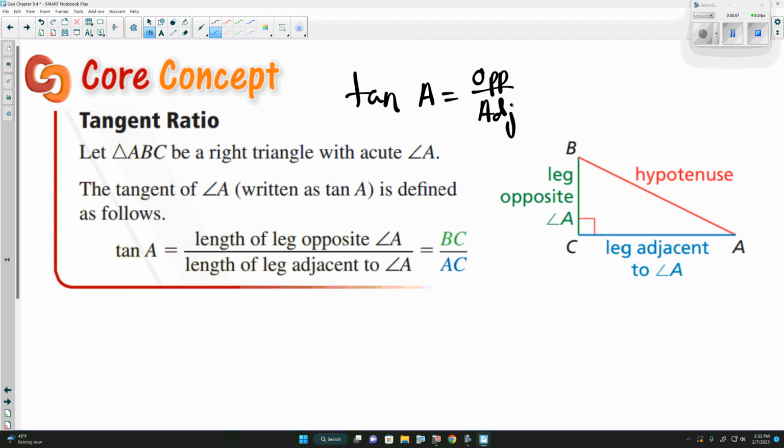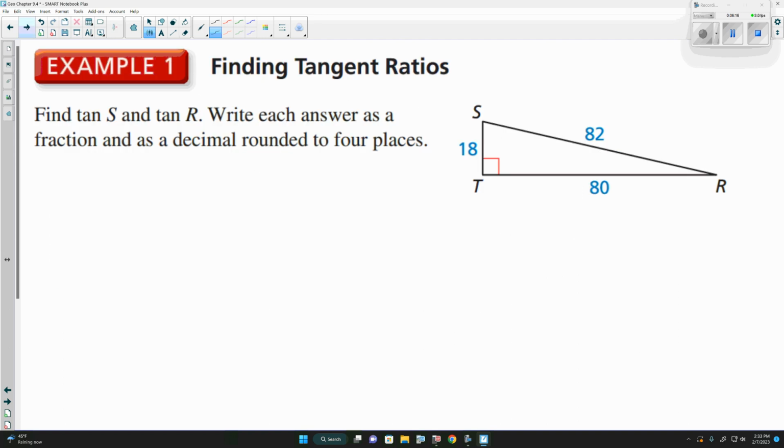So sine is opposite over hypotenuse, cosine is adjacent over hypotenuse, and tangent, the one we're looking at today, is opposite over adjacent. So what we're going to look at first is writing tangent of the two angles in terms of their side lengths.